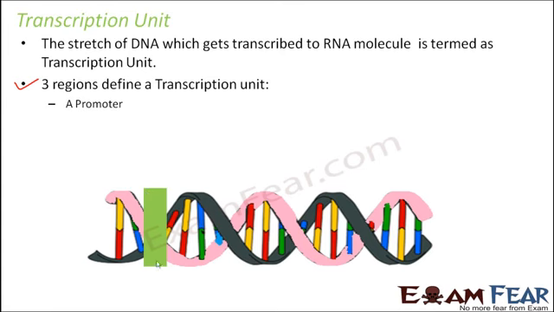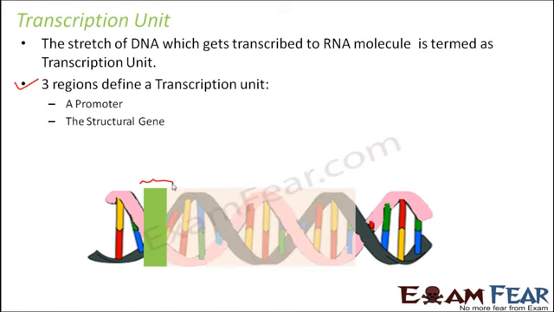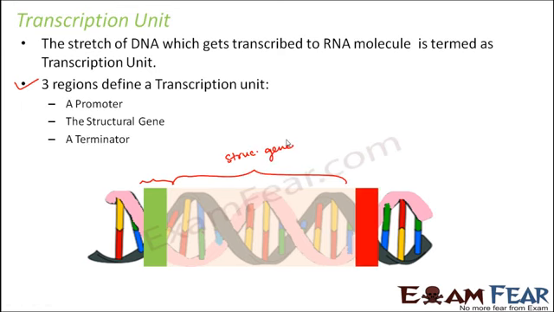The green colored portion is not some structure, it is just this much portion of the DNA. Next is the structural gene. This portion of the DNA represents the structural gene. And the last one is the terminator. This much portion of the DNA will act as the terminator and this portion is the promoter.